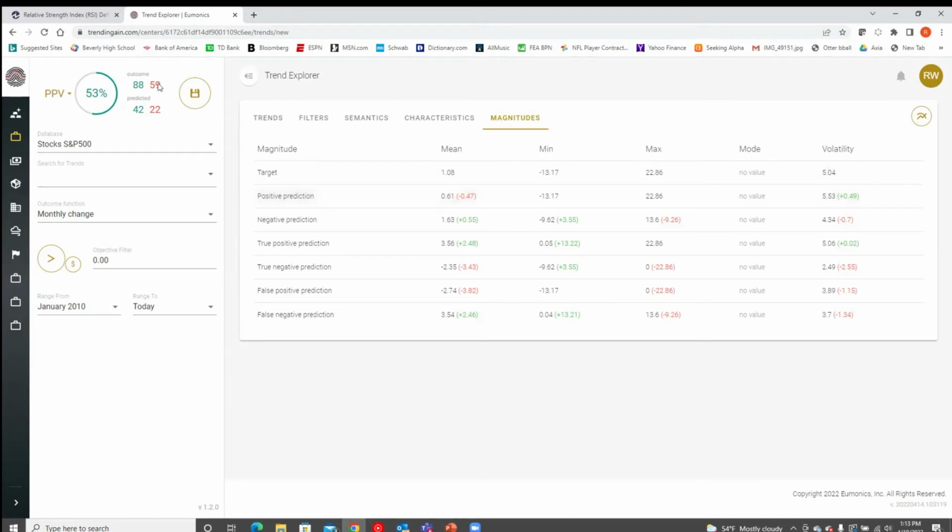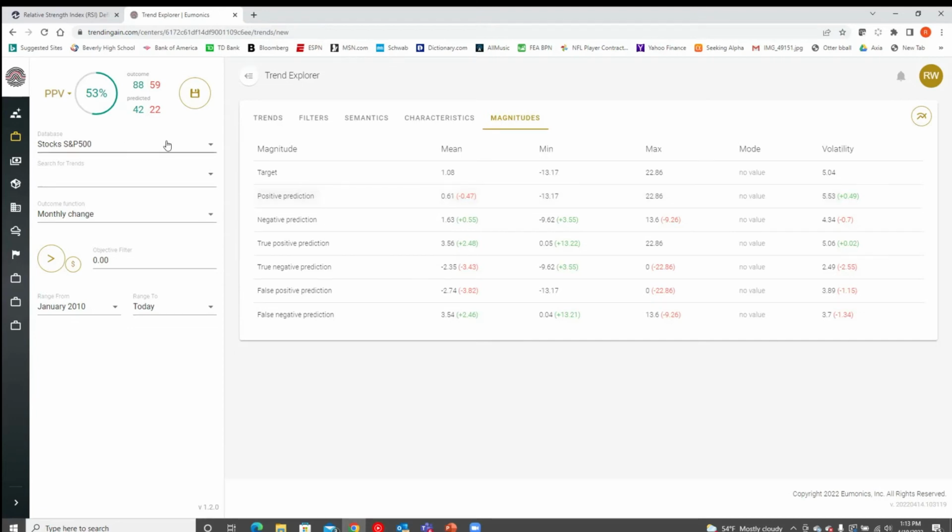So 53% of the time and 53% of the months, the stock price goes up, but the magnitude of change is a negative number. So even though the stock price is going up more often than not, on average, the stock price is going down. That's what this magnitude means. It means when this prediction is correct, the stock price on average is going to go down 47%.